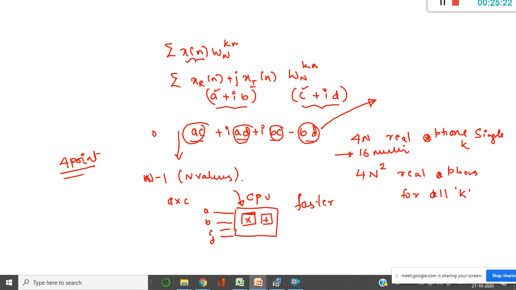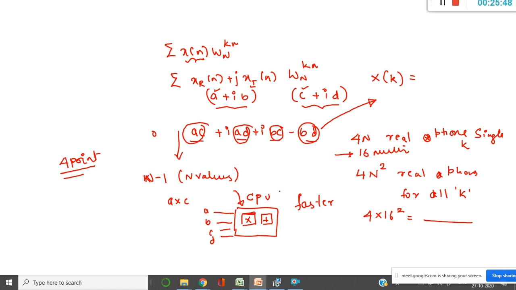Which means that to calculate the entire x of k, how many complex and real multiplications are wasted here? 4 into 16 square. Just calculate this, those many real multiplications. So those many times the iterative job has to be performed by the processor.